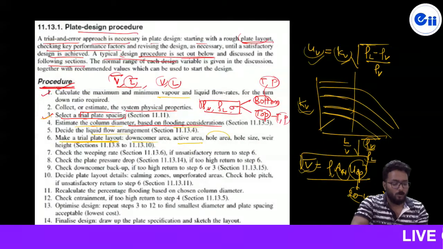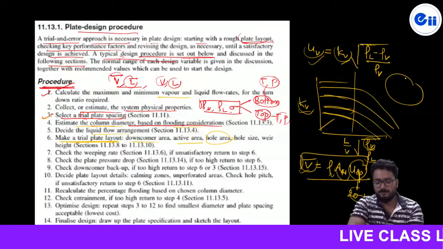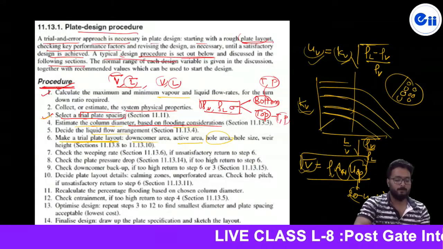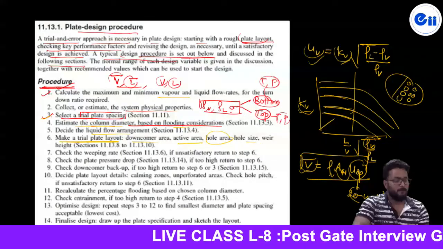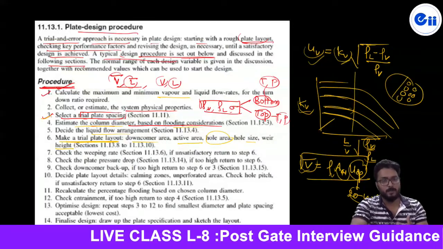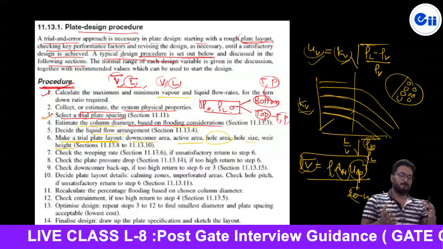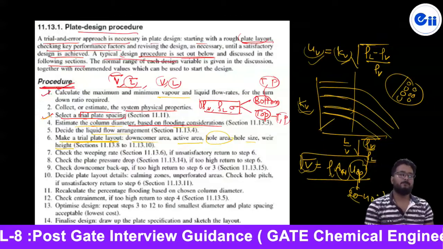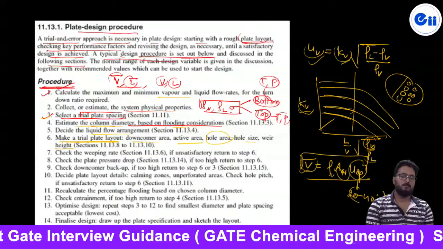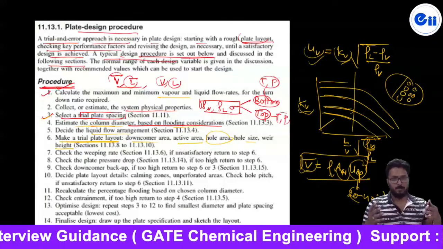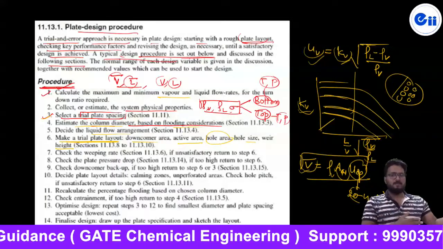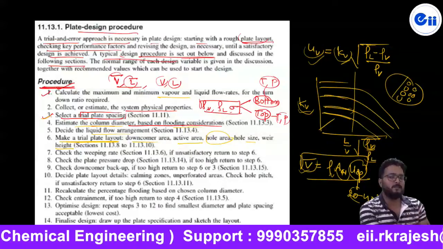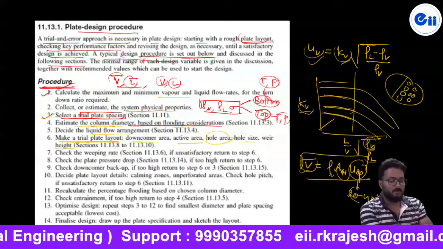Whatever holes or perforations are there over the sieve plate, the area of one hole, hole size, weir height, all these parameters should be assumed on the basis of our previous calculations or on the basis of experience. Any value we can assume, because it is totally a trial and error method.